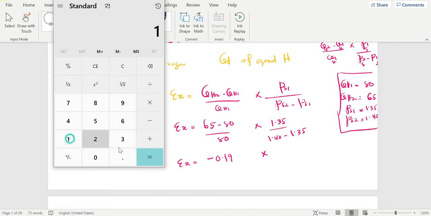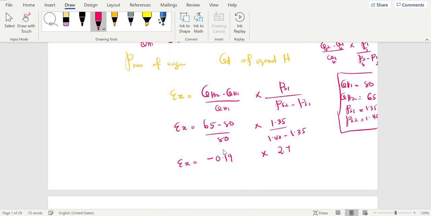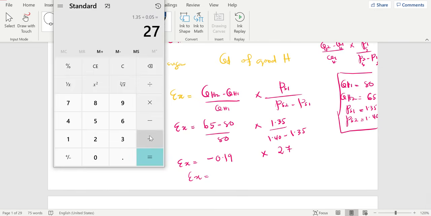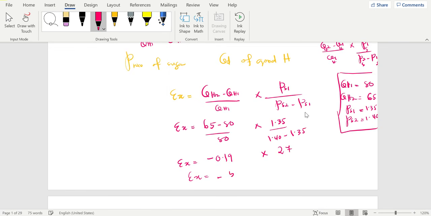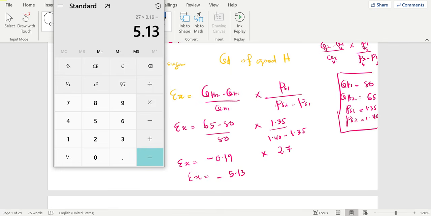Okay, 135 divided by 0.05 equals 27. EX equals 27 times 0.19. Don't forget the negative, negative 5.13. So this is your answer.